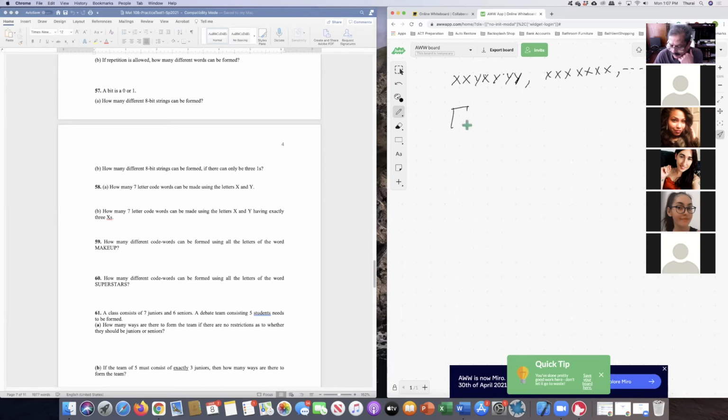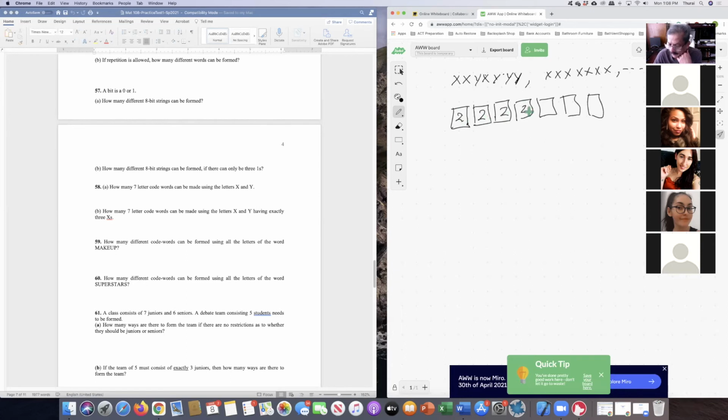So 7 letters are going to go in the code word. So 7 boxes to fill. And then you ask the question in how many ways they can be filled. X and Y are the only choice, and repetition is allowed. So how many different ways are there to fill the first one? 2. For the second one? 2.